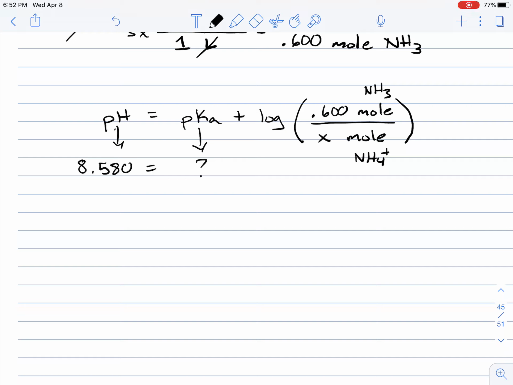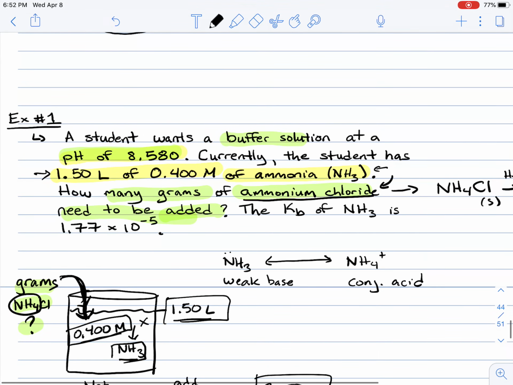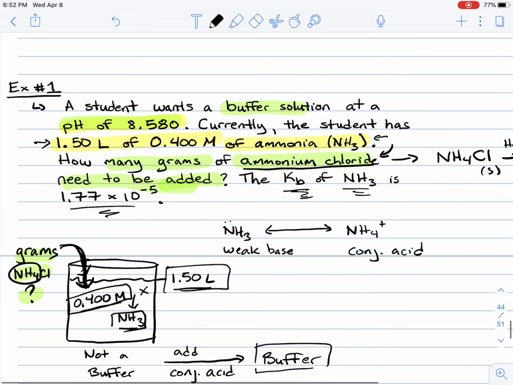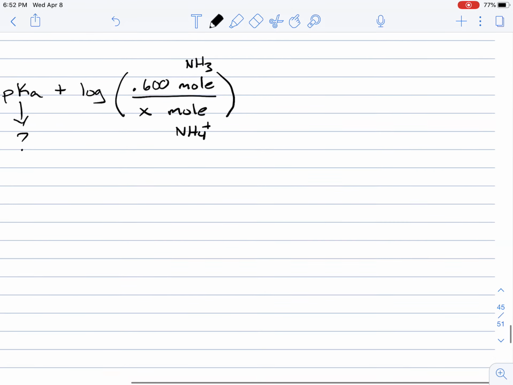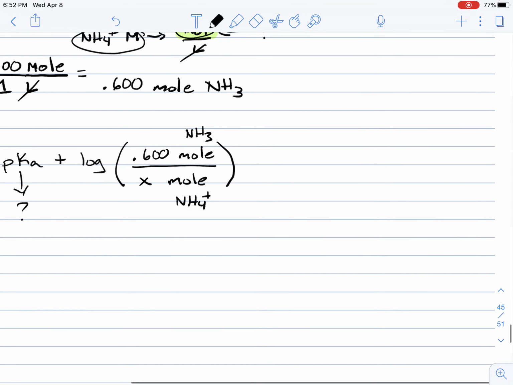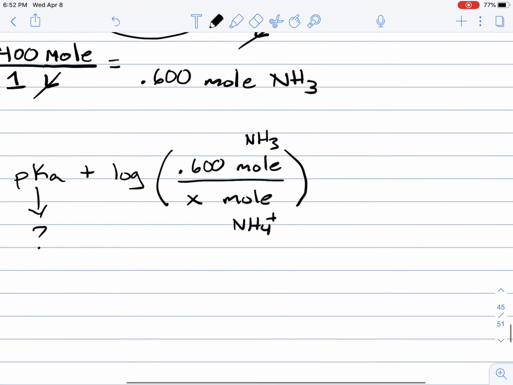And so to determine the pKa, I need to look at what value this problem gave me. It gave me a Kb of ammonia. Since that value is Kb, I cannot plug it in just yet. I need to convert Kb into Ka. And so I'm going to do this off to the side here.